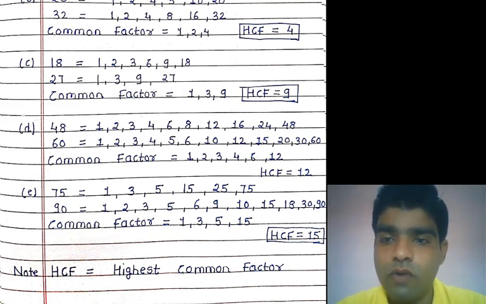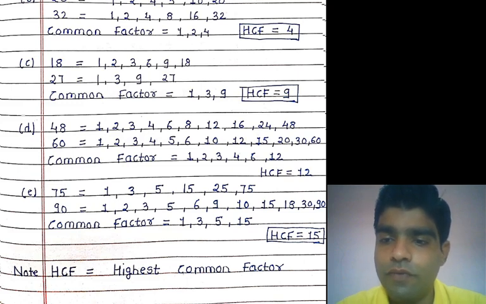Next we have to find the factors of 90. Definitely your answer is 1, 2, 3, 5, 6, 9, 10, 15, 18, 30, 45 and 90. The last one is 90. This is all of the factors of 90.